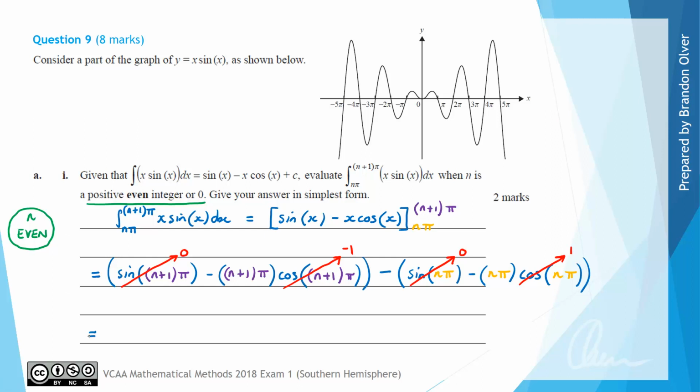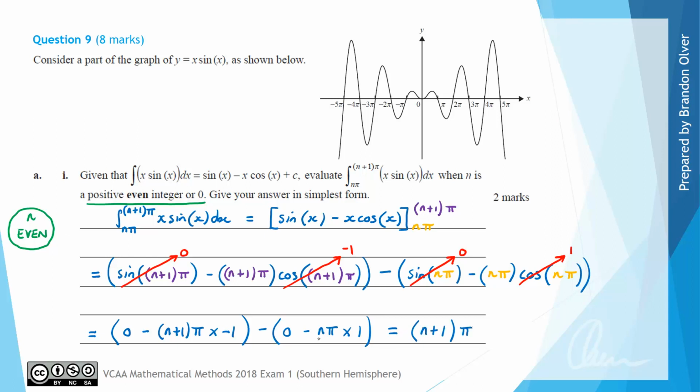So simplifying this down, in the first bracket we end up with 0 subtract n plus 1 pi times negative 1. And then in the second bracket, which had the orange substituted into it, we would simply have 0 subtract n pi times 1. And now simplifying that down, so we'll have n plus 1 times pi.